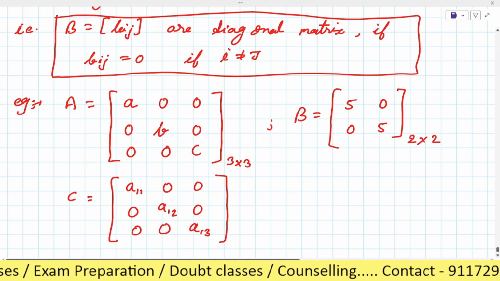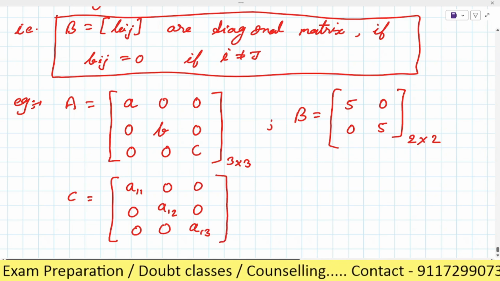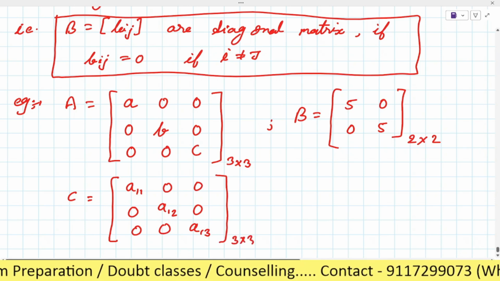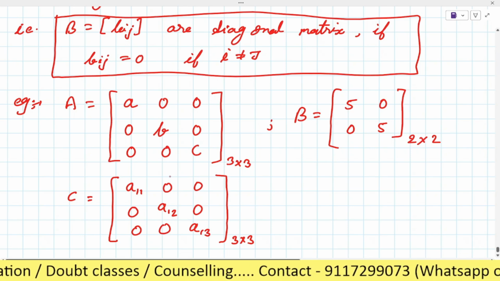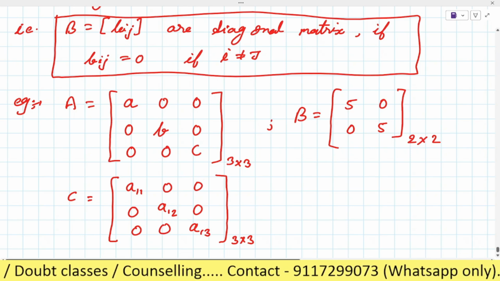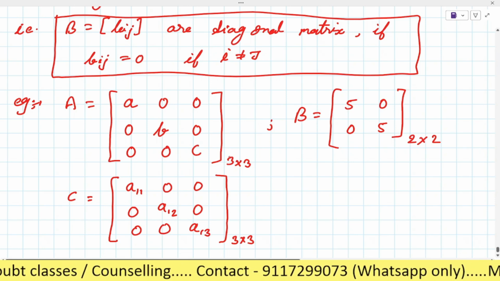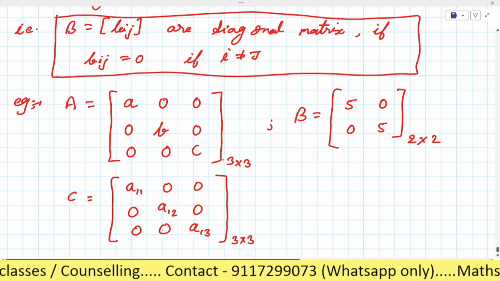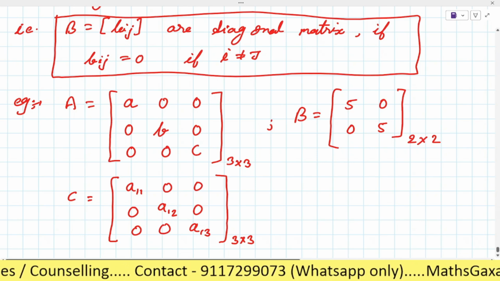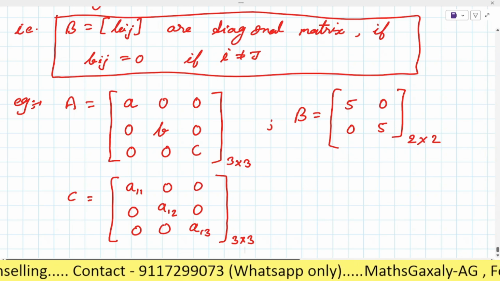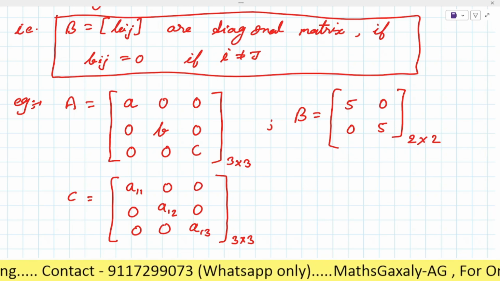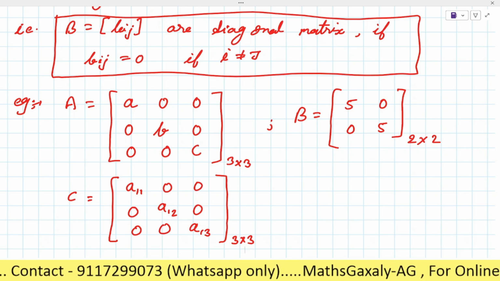So a11, a22 and a33 are non-zero elements. This type of matrix will be known as a diagonal matrix. Is it clear? As you can see here, all diagonal matrices are square matrices, but a square matrix may or may not be diagonal. So as a note you can write this point.